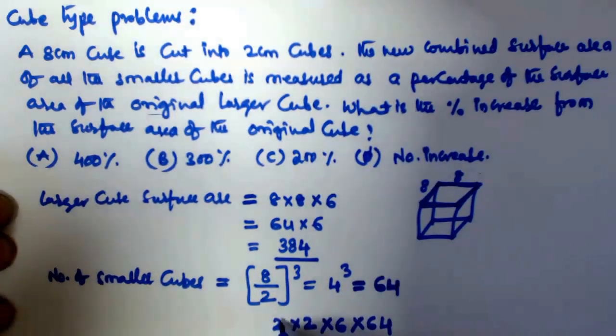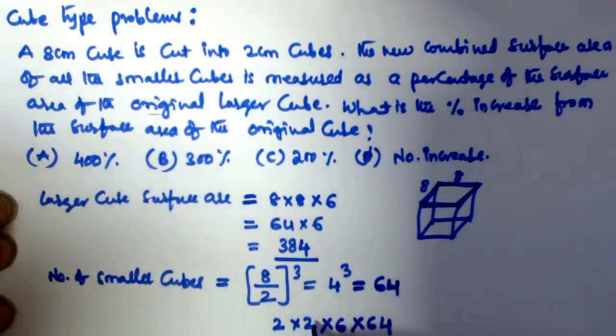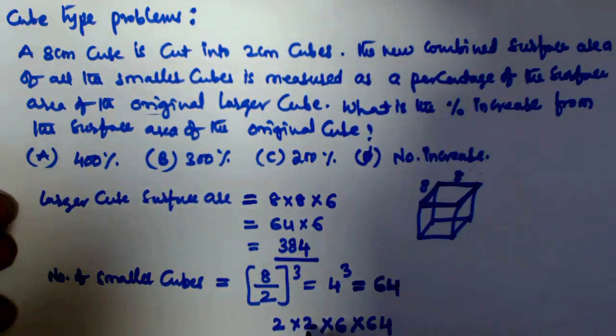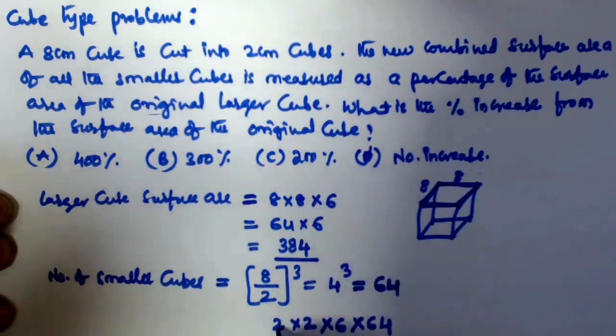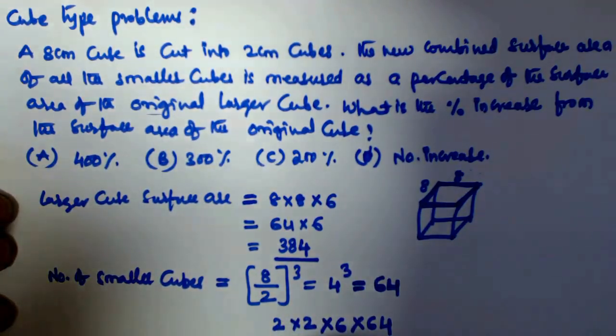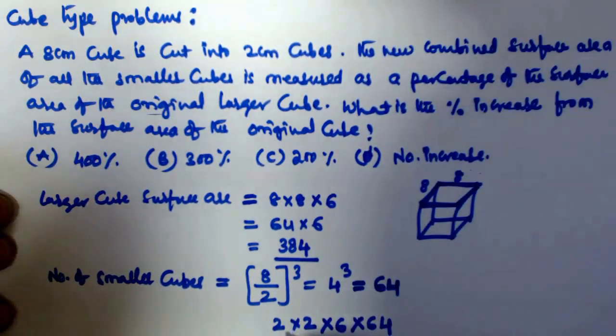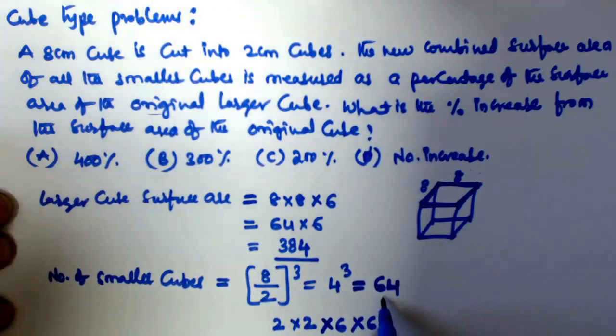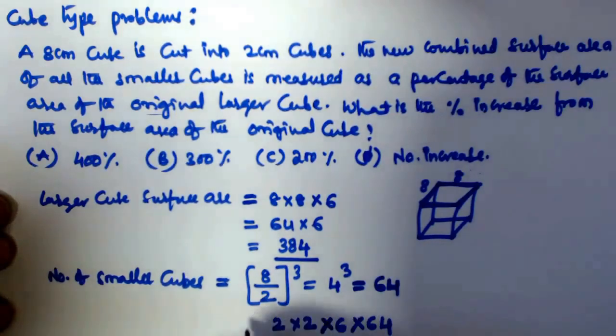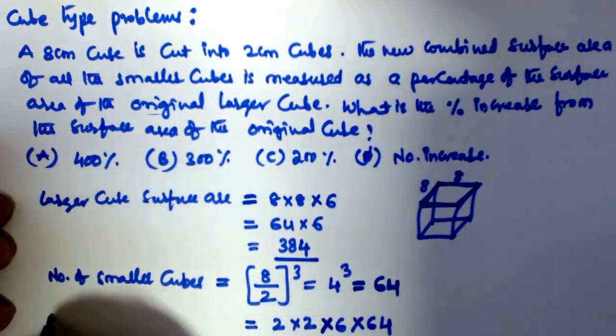The length of the small cube is 2 and the breadth of the small cube is 2, so 2 into 2 gives the area of one face. One cube consists of 6 faces, so I multiplied this by 6, and since there are 64 small cubes, I multiplied again by 64.